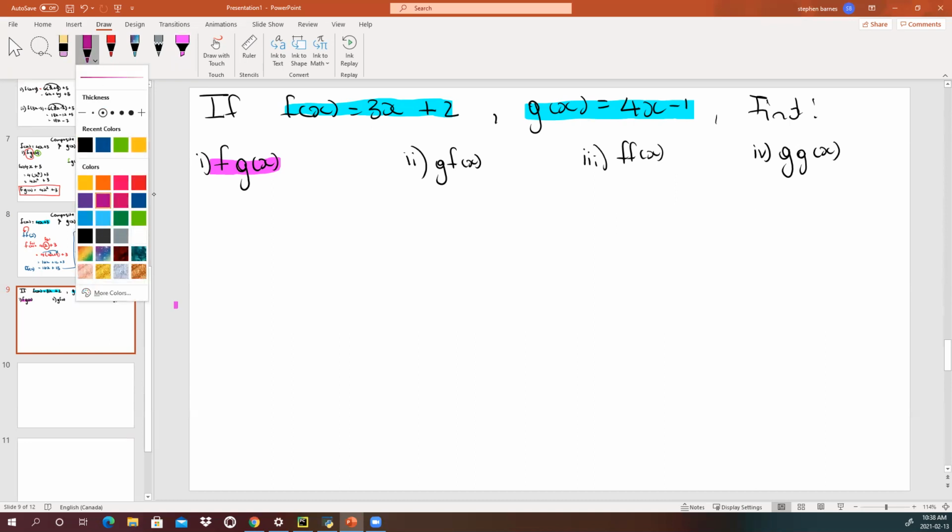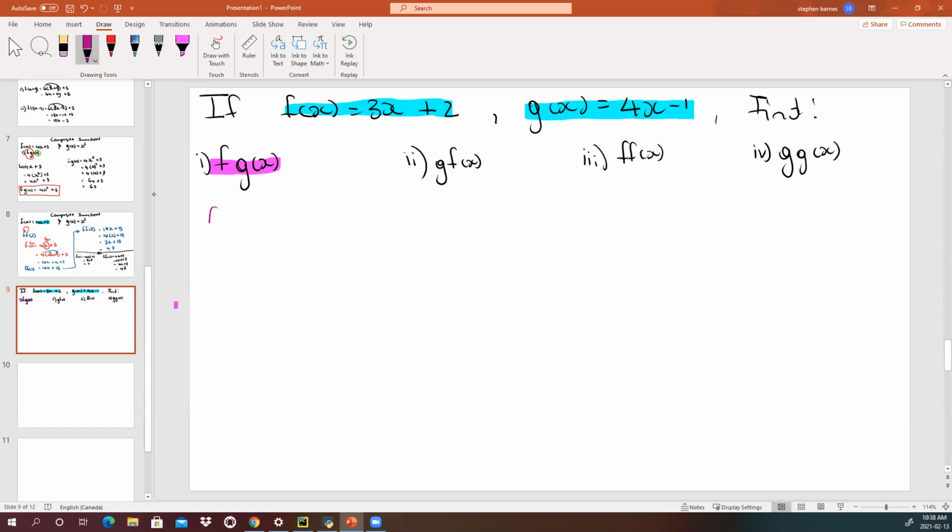So let's do f of g of x, right? f of g of x is saying you're putting the g function into the f function, yes? If you're putting some bottles in a bag, you have to first put the bag first, and then you put the bottles in it.